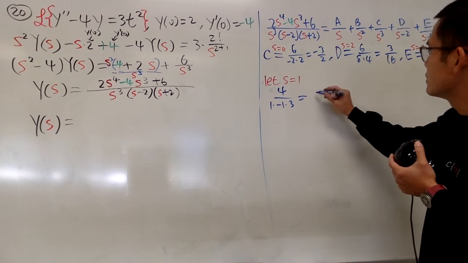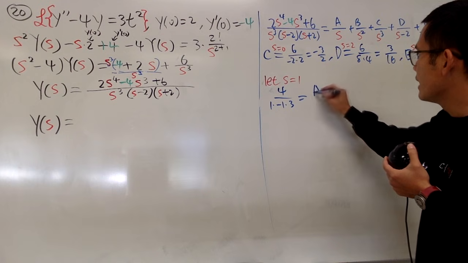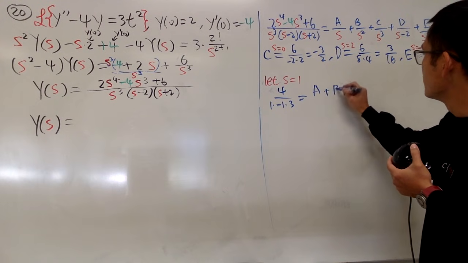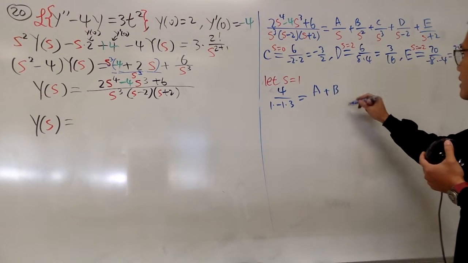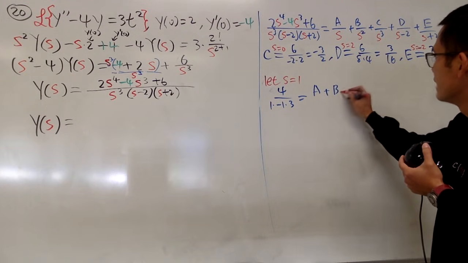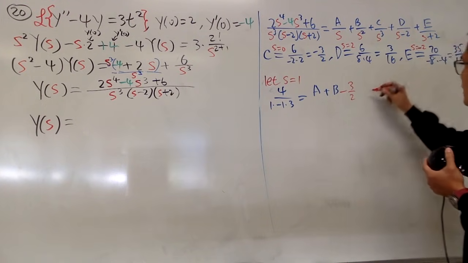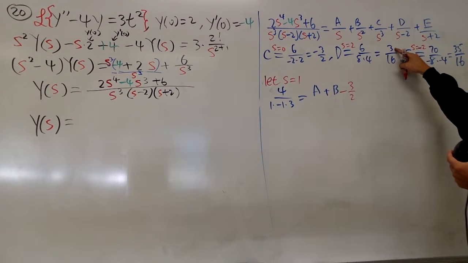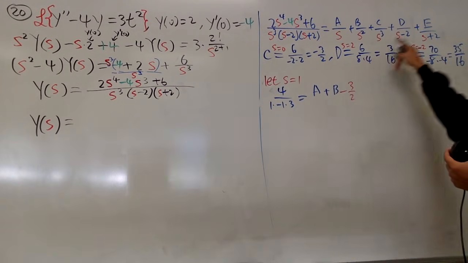So A is, I don't know actually. A over that plus B over 1 squared, just that, so it doesn't matter. And then C is that, so it becomes minus 3 over 2. And then D is this, yeah? But S is 1, so it becomes minus.